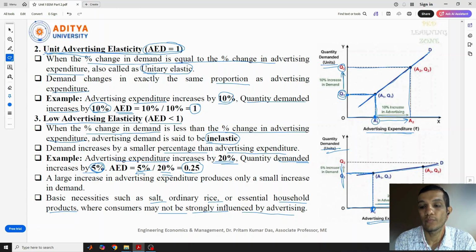But when we invest more on advertising from A1 to A2, the improvement in the quantity demanded is very, very less. That is 5% only. So in this case you will get the value here to here. At this point, this is our expenditure, this is the demand of Q2. If you join this, you'll get this one. Anyway, this is about the low advertising elasticity when the value of AED is less than 1.